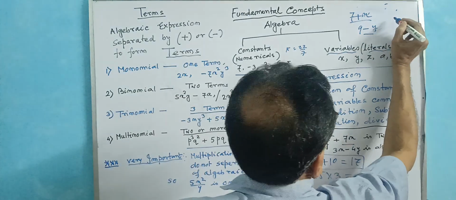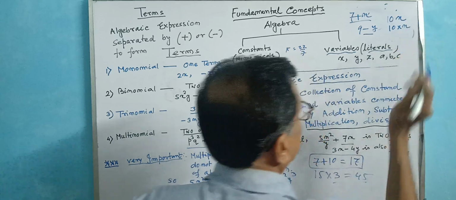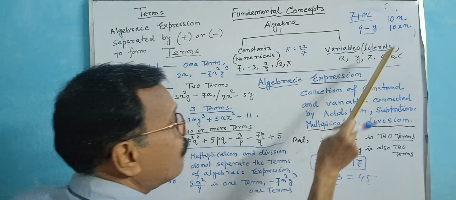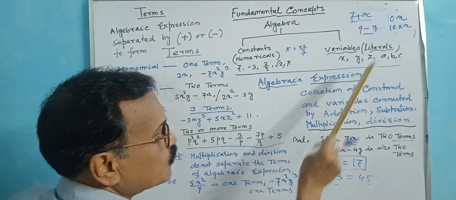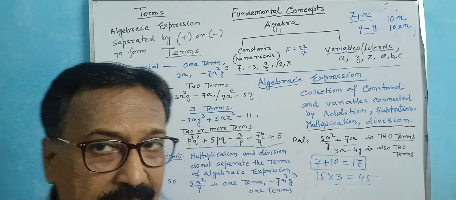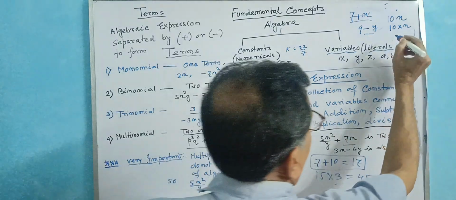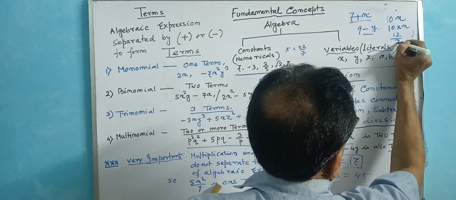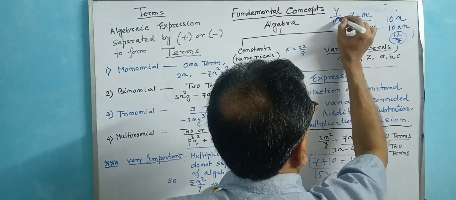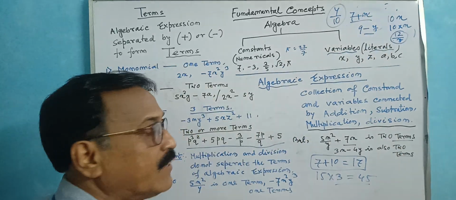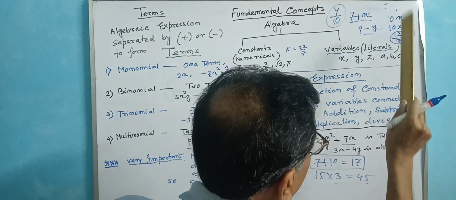If you write 10x, that actually means 10 into x. So a collection of constant and variable connected by multiplication. So we say that 10x is an algebraic expression, or you write 12 by y, or y by 10. These are all algebraic expressions, because y divided by 10 is there, and here it is 12 divided by y.